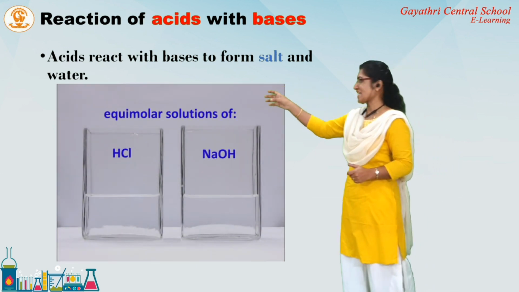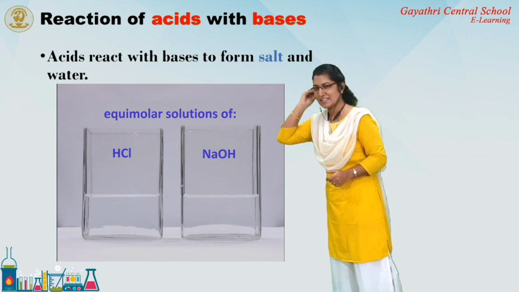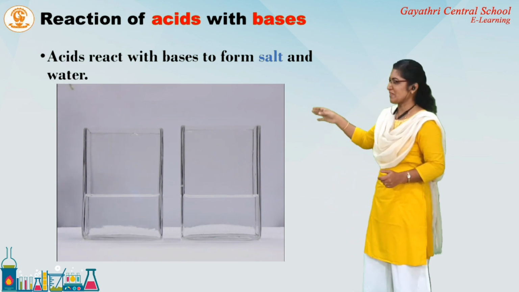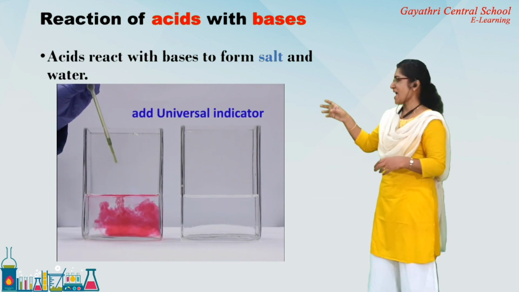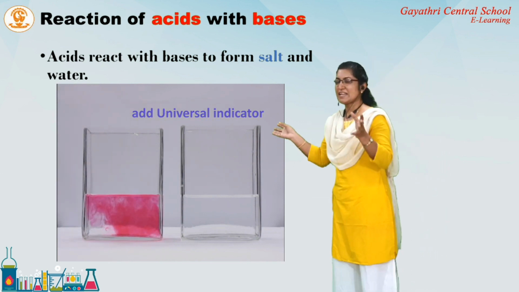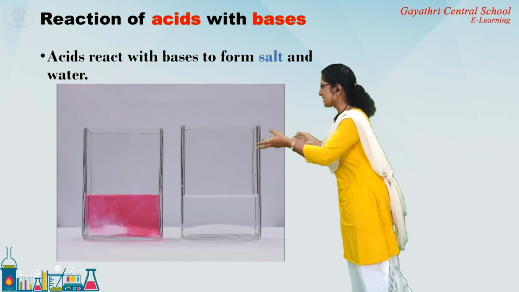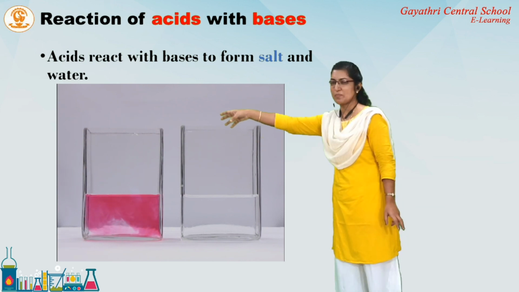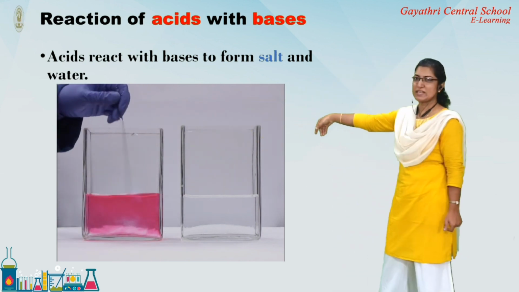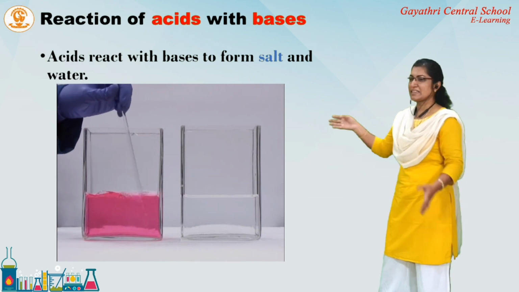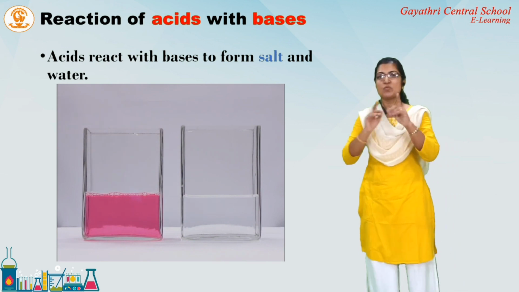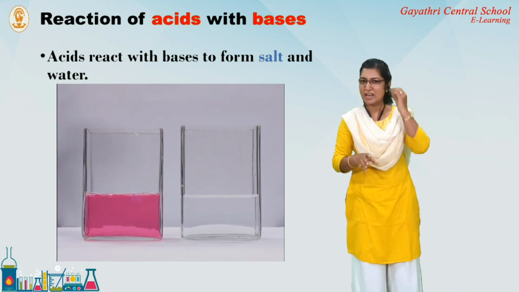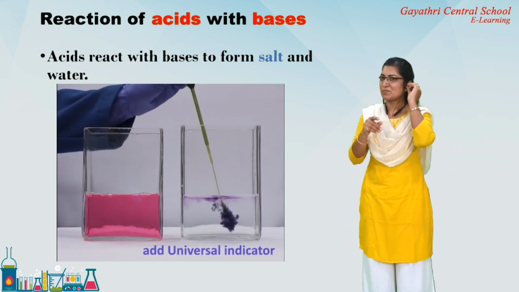So hydrochloric acid's pH is less than 7, sodium hydroxide's pH is more than 7. When the acidic solution and basic solution are added with universal indicator, acid will show the pink color and base will show the bluish color, and when we mix these two solutions, we will get salt and water. Along with that, what else is produced?